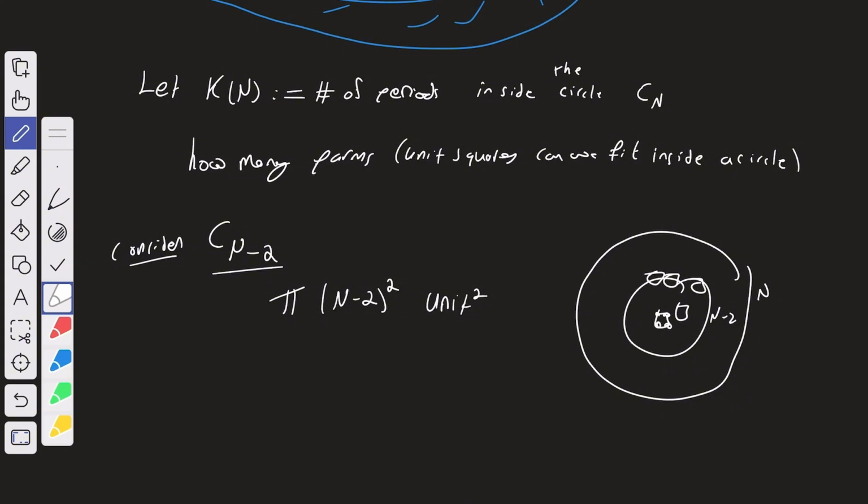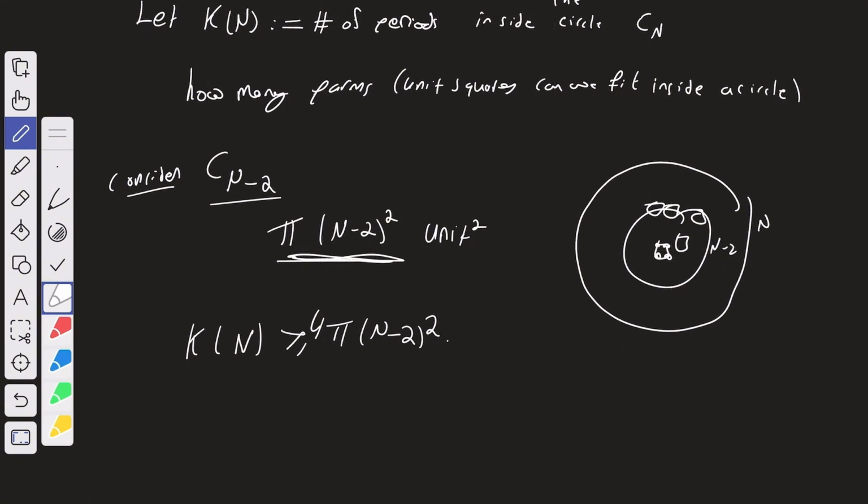They have 4 vertices, and thus 4 times that many unit squares actually fall inside the circle of radius n. And by that I mean the number of periods, which are the vertices of the squares, falling inside a circle of radius n is at least 4 times that many squares. I hope this is clear.